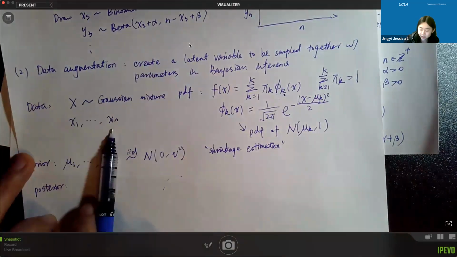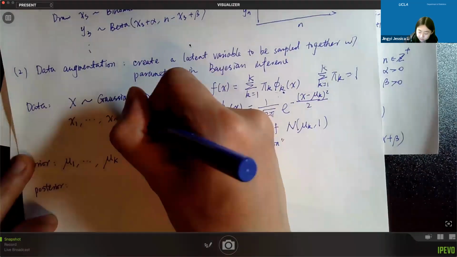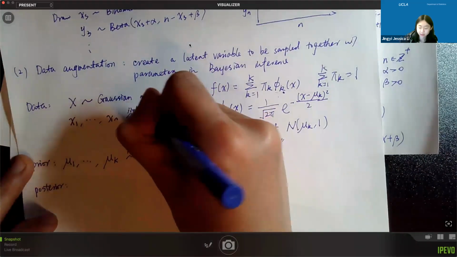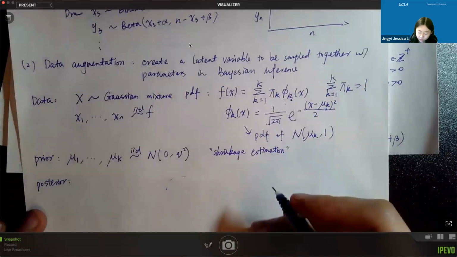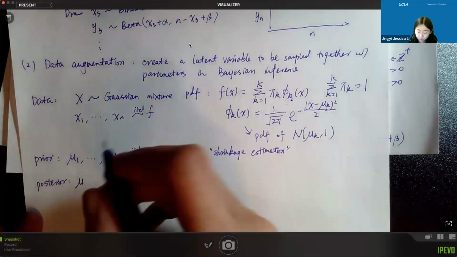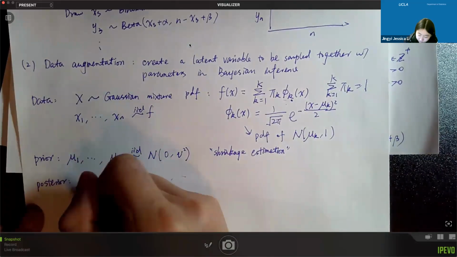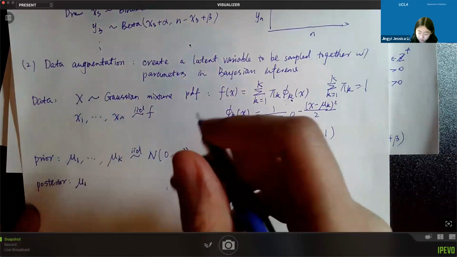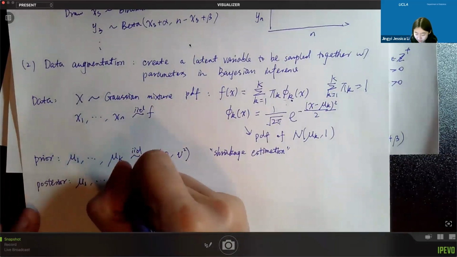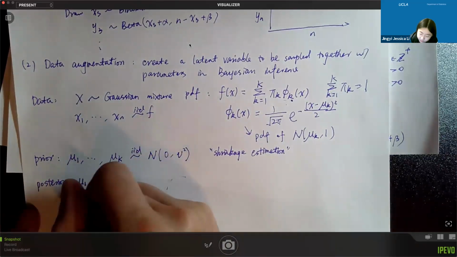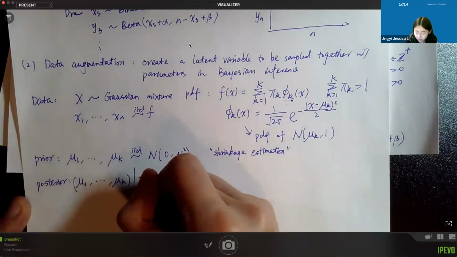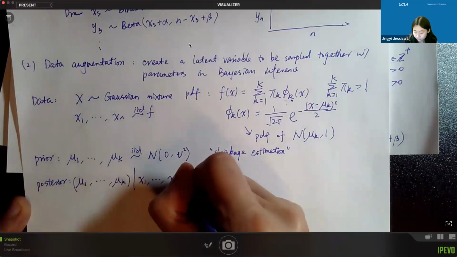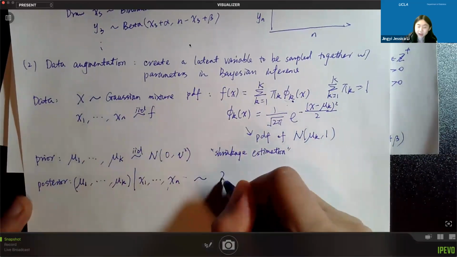That's the IID data coming from this F. If I want to do Bayesian, what I need is to derive the joint distribution of mu1 to mu k given my data x1 to xn. That's the distribution I want to have.